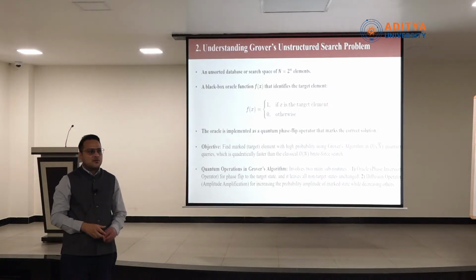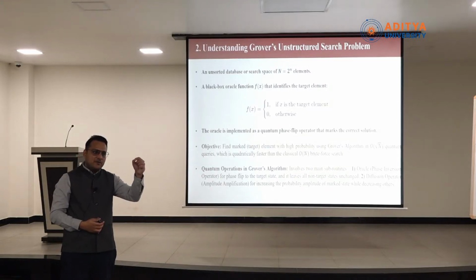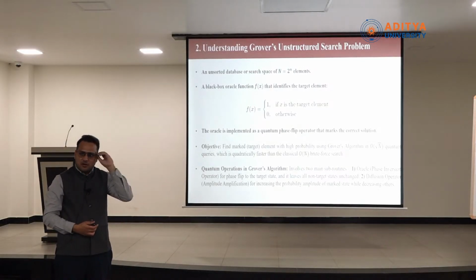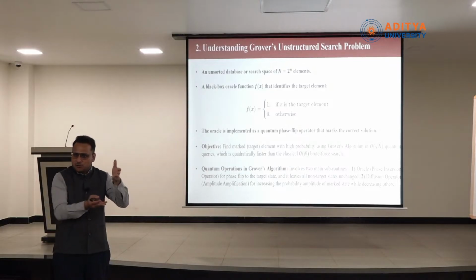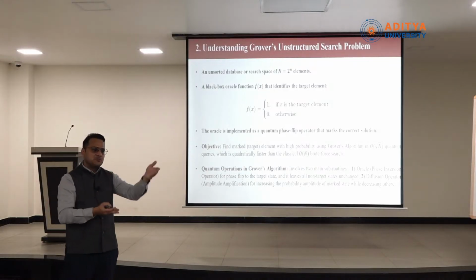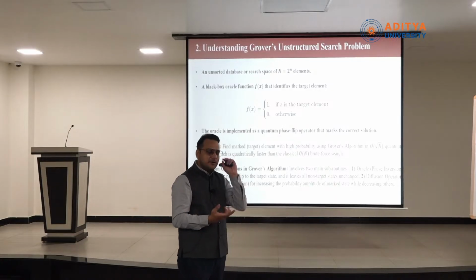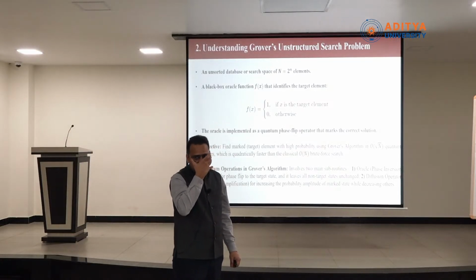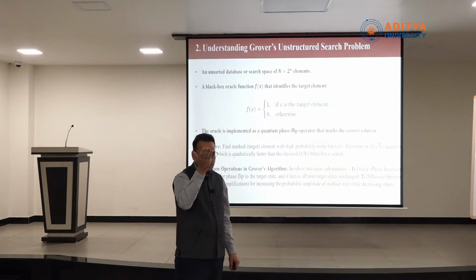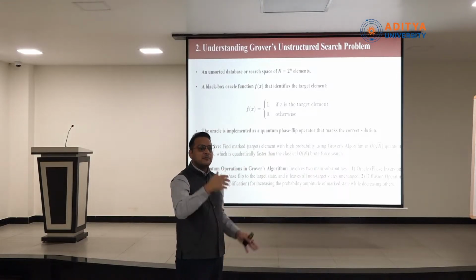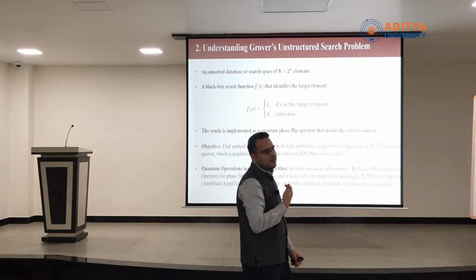Understood or not? Because for every quantum state there is an associated amplitude. If you know the quantum state to be amplified, we need to amplify the corresponding amplitude. Why are we interested in amplifying the amplitudes? Because if the amplitudes are high, when you apply the modulus square you will have a better probability to measure your results.